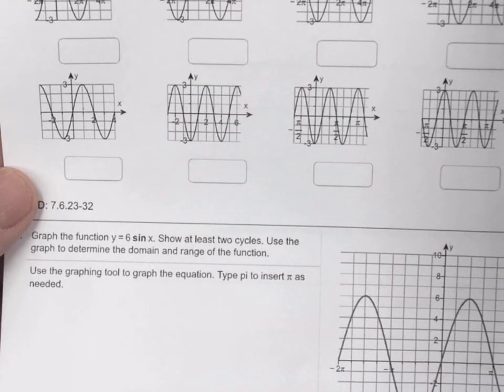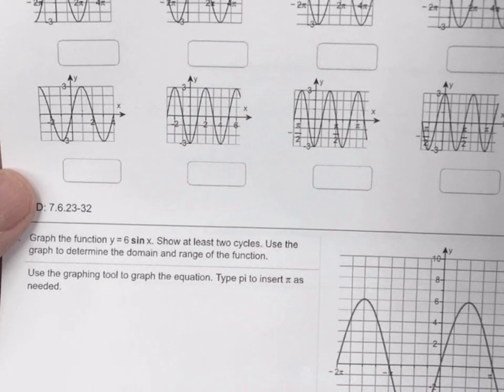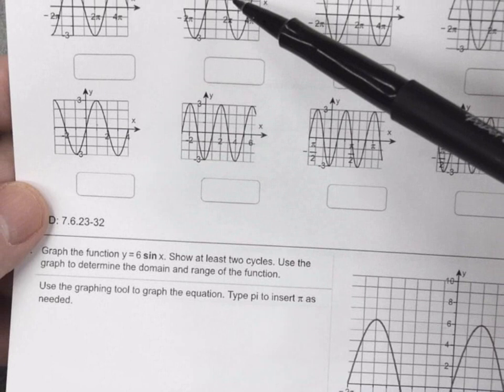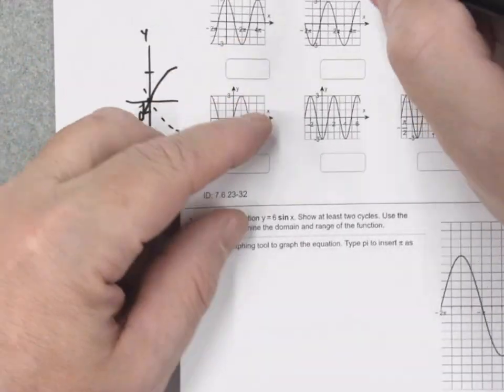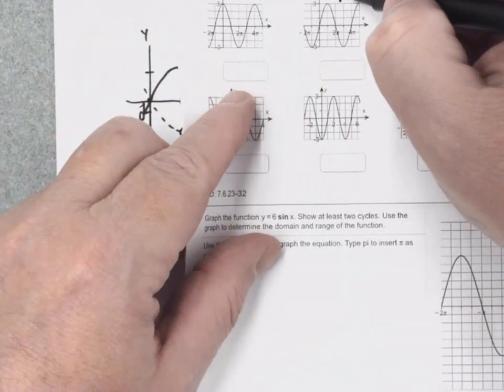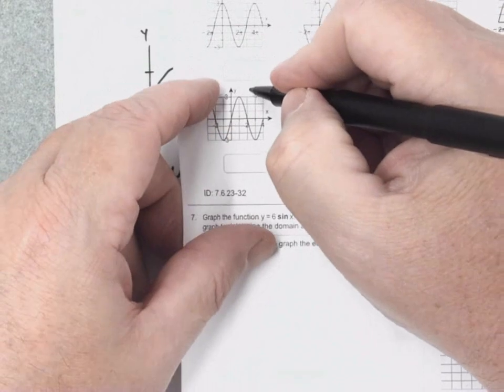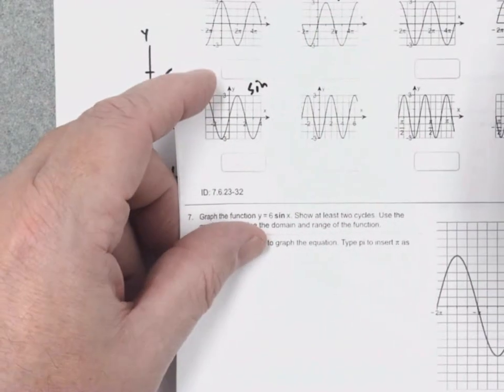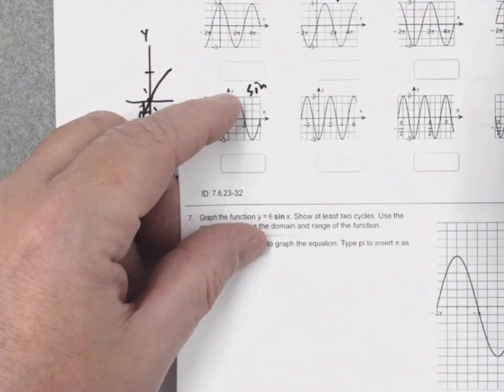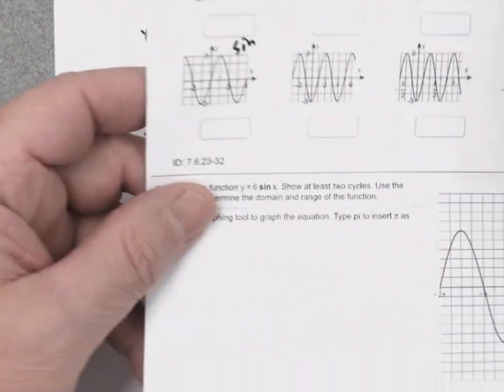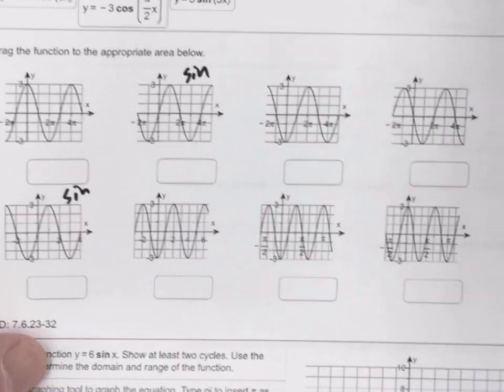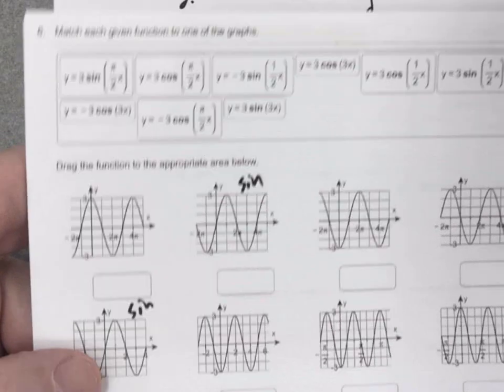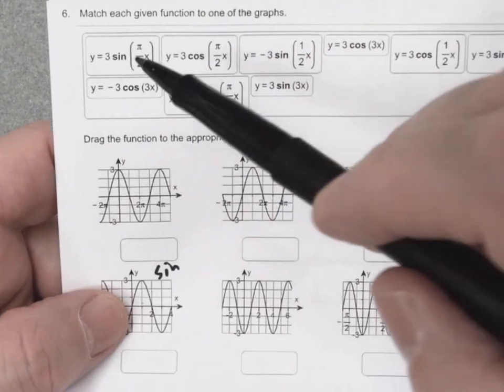Here, it's 0 and it's going up, so this is going to be a sine. So there are actually 3 of these graphs that are positive sine. Maybe I'll just mark them here. So I've narrowed it down to 3 possibilities. Now, which one is it?